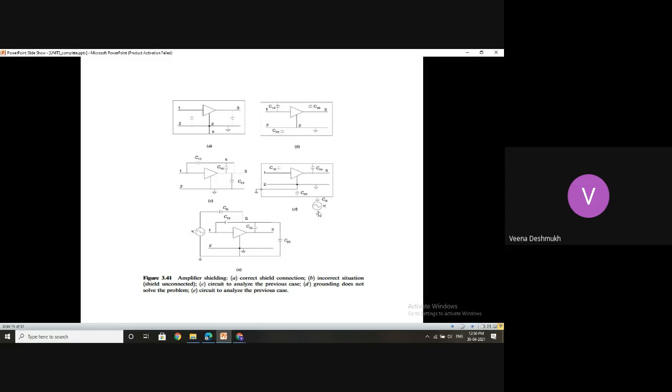And here, this voltage Vi, if it is not grounded properly: see here it is grounded, but C2S is kept open. By keeping C2S open, only one end is connected here to the shield, and that shield is not grounded. Here, this ground is different and this ground is different. So between them a potential gets developed.